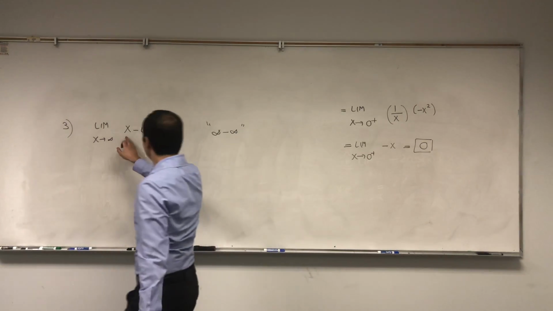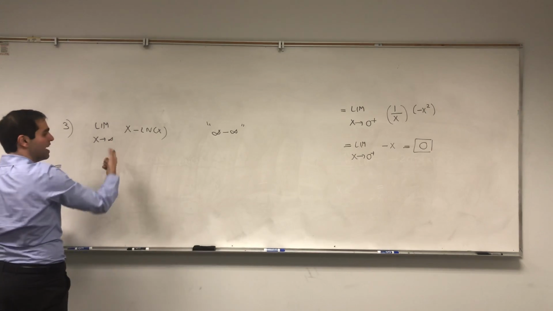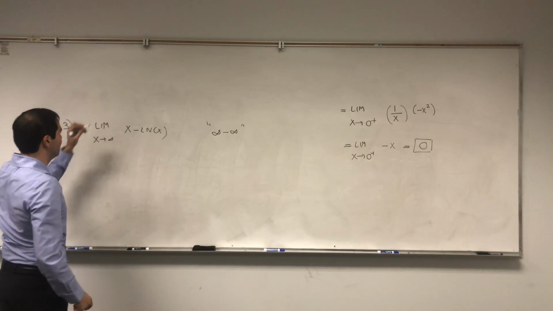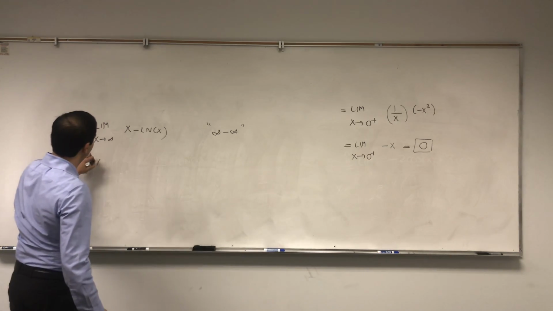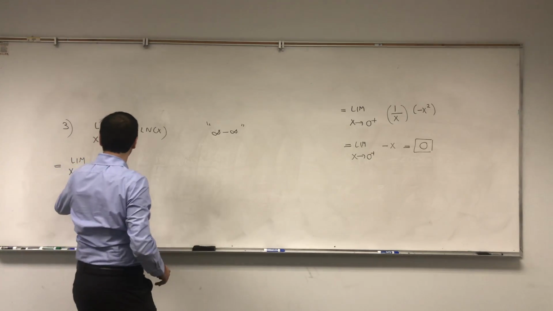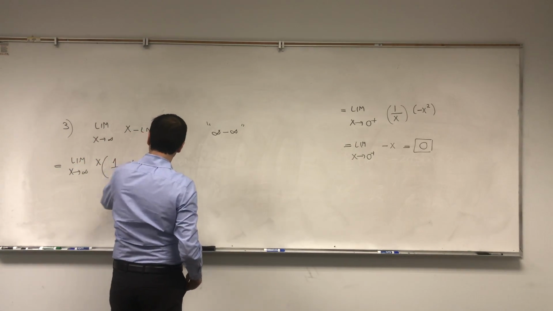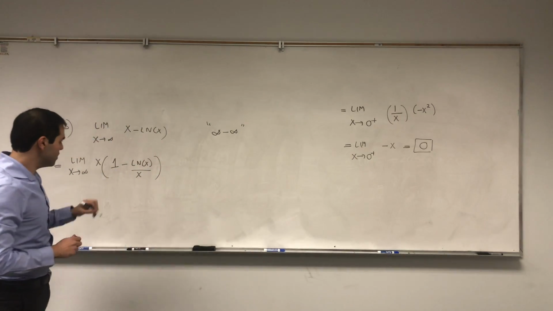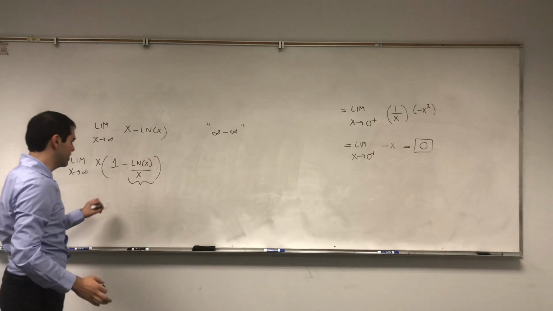And usually the way you deal with those kinds of expressions is you factor out x from this expression, basically to turn this into a L'Hopital problem. 1 minus ln of x over x. And as a parenthesis, let's see what happens to this expression.